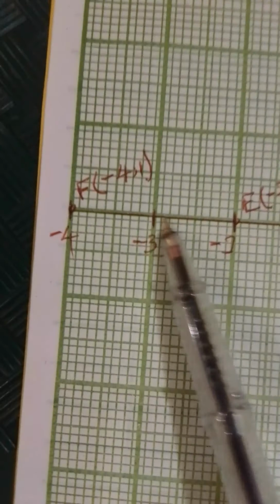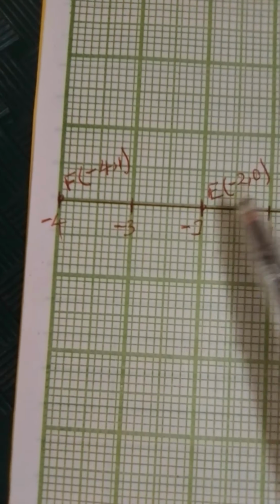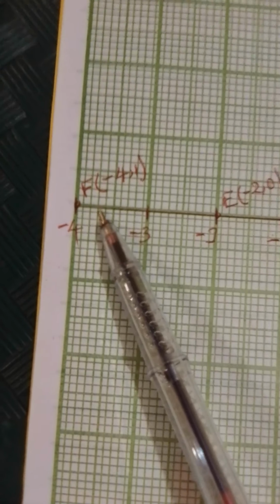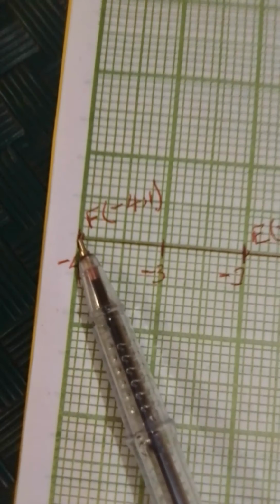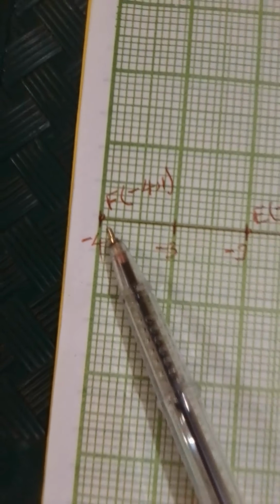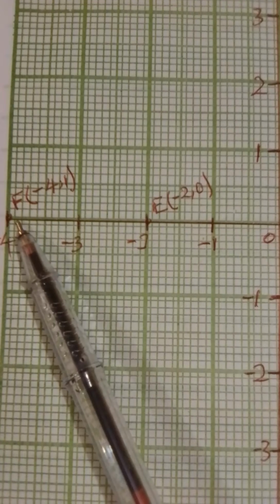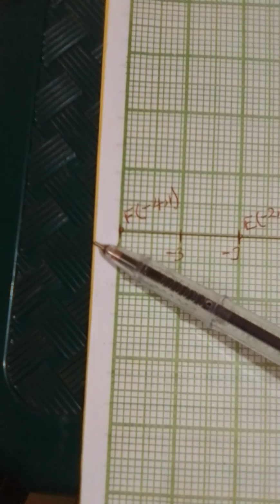X is minus 4, point F, and y is minus 1. So let's look at x here is minus 4 and y is minus 1.